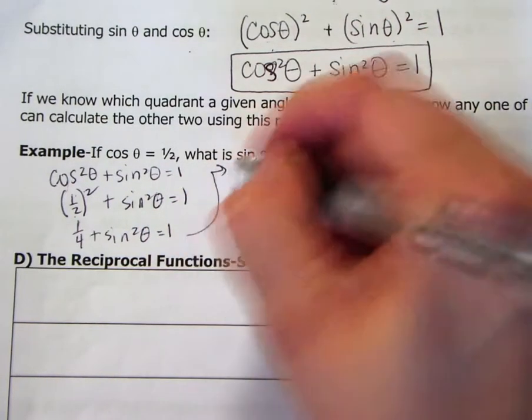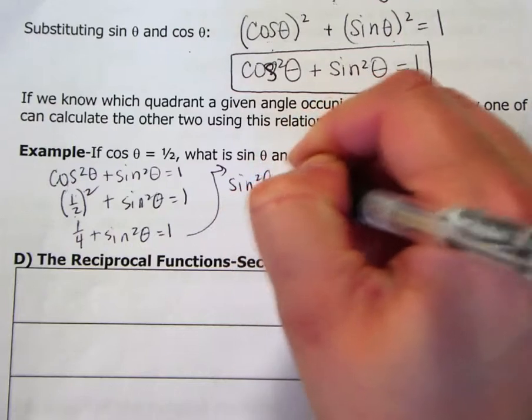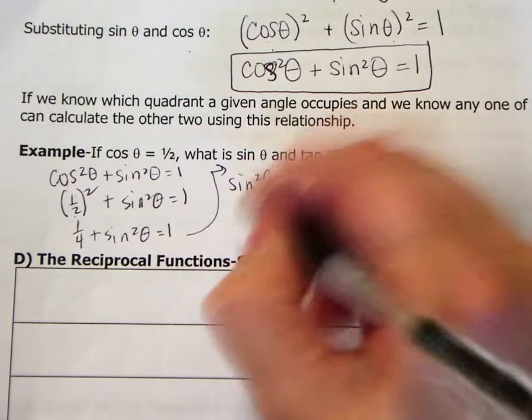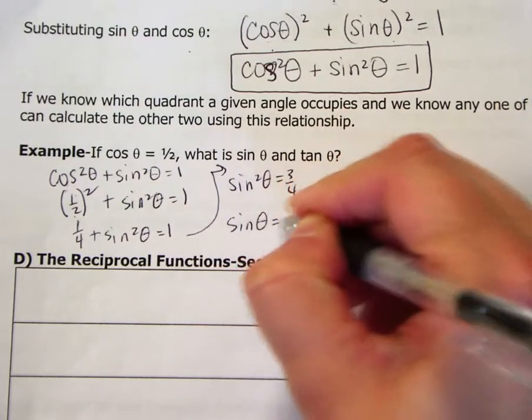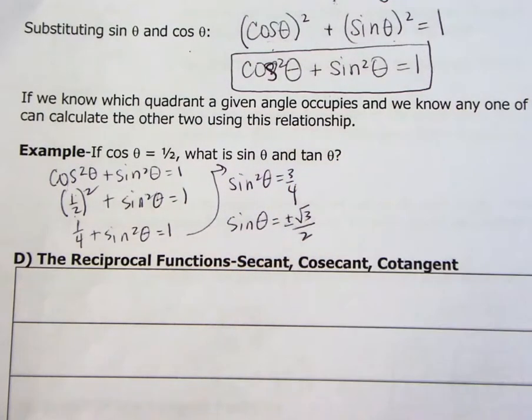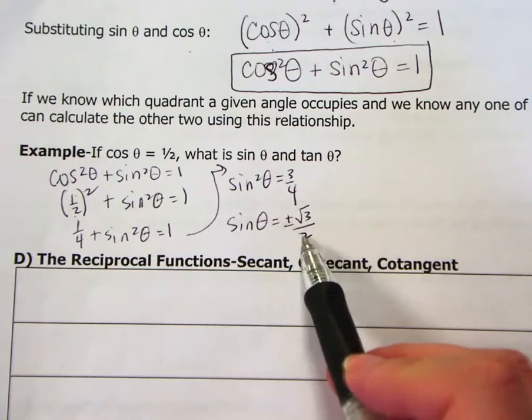Subtract 1/4 from both sides. And then just take the square root.